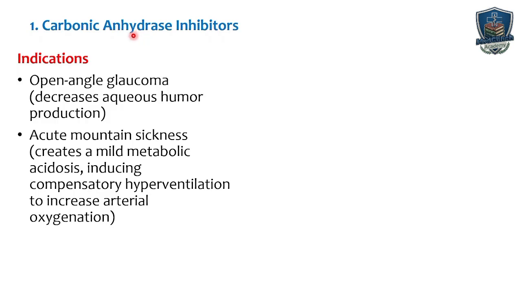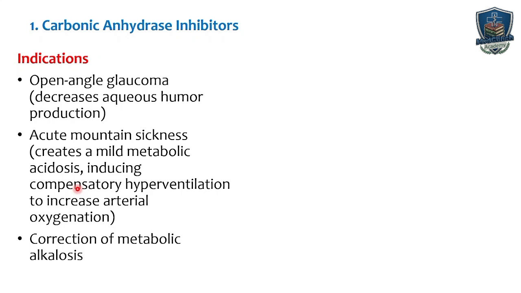This drug will lead to metabolic acidosis, and when someone has metabolic acidosis, the body compensates by hyperventilation. The body tries to get rid of CO2 in order to raise the body pH. So the patient will hyperventilate, and we want that to be a compensatory mechanism when mountain climbing.